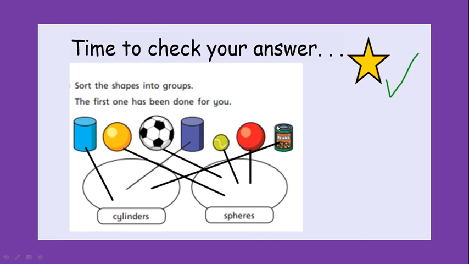It has a circular face at the top and a circular face at the bottom, and if you were to go and grab yourself a tin of baked beans now, year ones, go and grab one, you will be able to turn that baked bean tin on its side and roll it across the floor, so you know that a baked bean tin is definitely a cylinder. So I've put that in the right place.